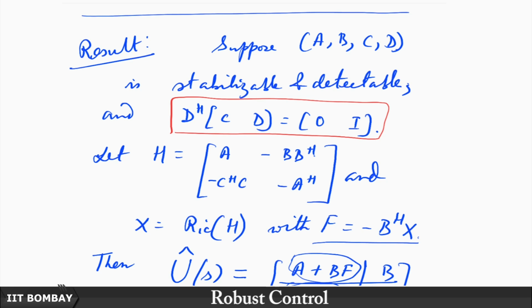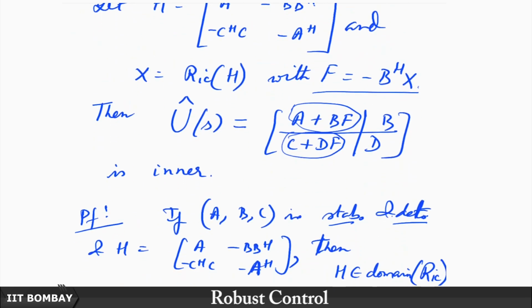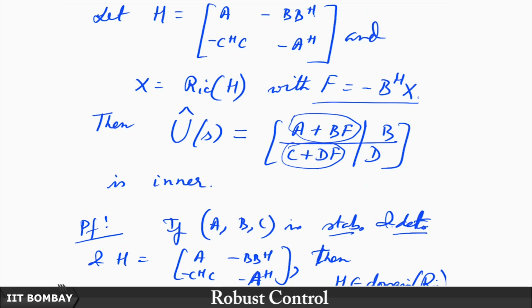And then we have this Hamiltonian, corresponding to which if we compose a Riccati equation, the Riccati operator, then we see that this Hamiltonian does belong to the Riccati domain of the Riccati operator, which means that there is a stabilizing solution X, in the sense that if you choose F equal to minus B Hermitian X, then you see that the system A plus BF, B, C plus DF, D is indeed an inner.